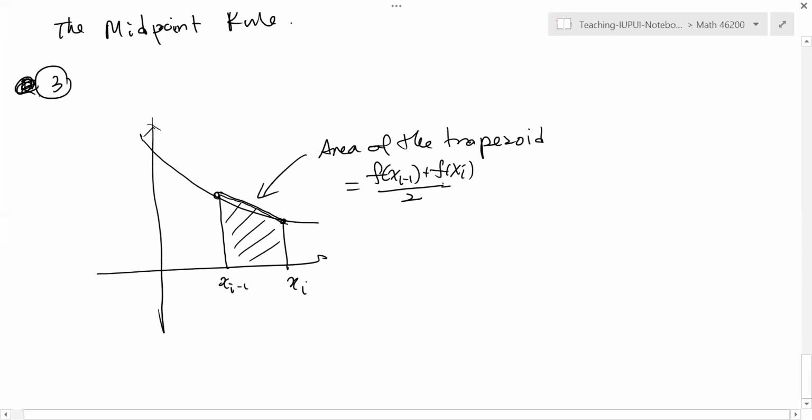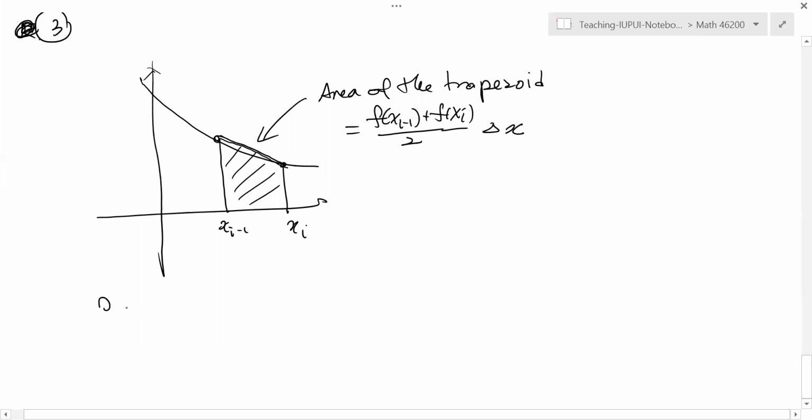and we use the area idea, instead of choosing a point in the middle somewhere. And then multiply by the height. Height is delta x. So that is going to be the area of the trapezoid. So I believe that this is going to be also a good approximation.